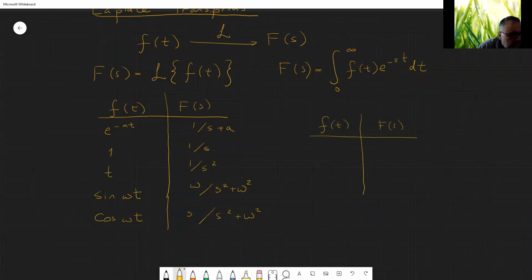You can just derive these, taking these integrals, okay? It's not that hard. Well, obviously, for a few ones, it's not that hard, but it becomes harder for more complex functions. Very important for us are these exponential decays.